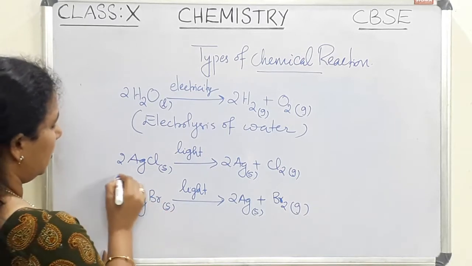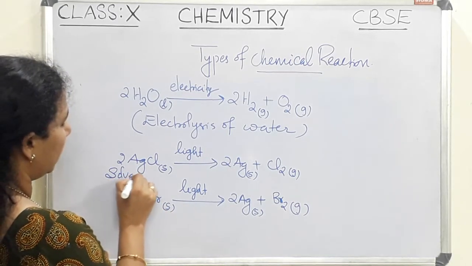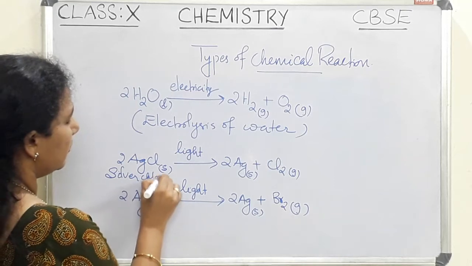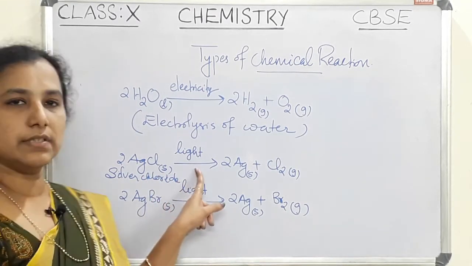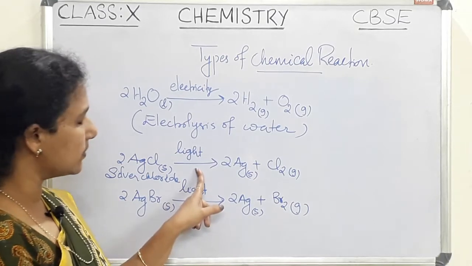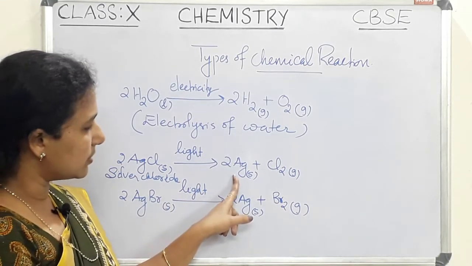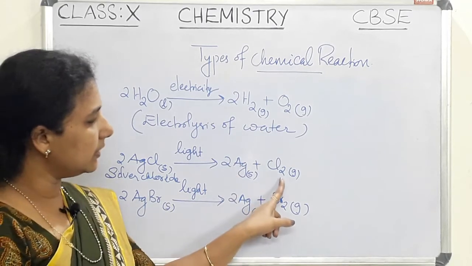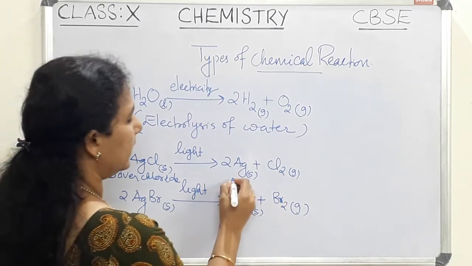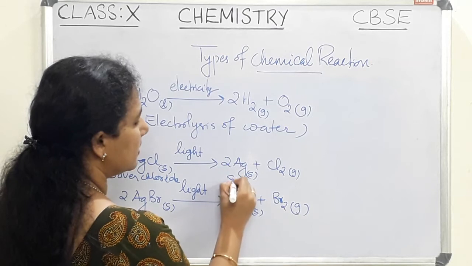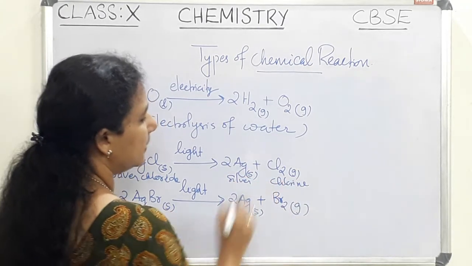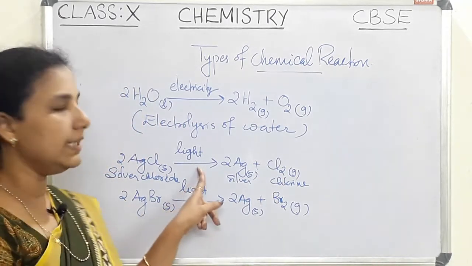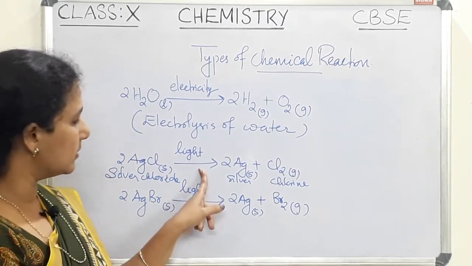When silver chloride is exposed to sunlight, it decomposes to silver and chlorine. This is silver and this is chlorine. Two similar substances are formed, but light energy is used to decompose it.